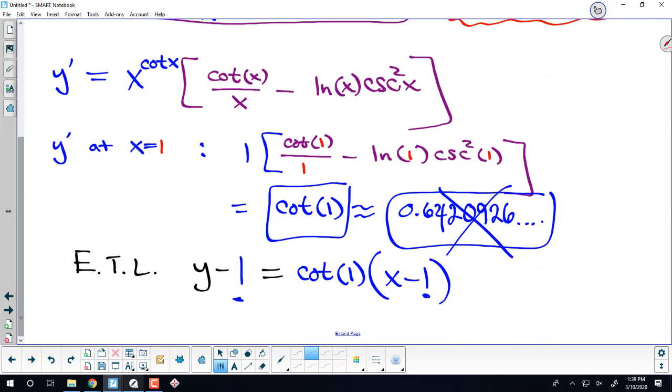Okay, so then from here you just solve for y. Is that okay? Does ln 1 times cosecant squared 1 go away? Yes. Again, we have a natural log of 1, which is 0. Cosecant squared of 1 times 0 just gives us 0.